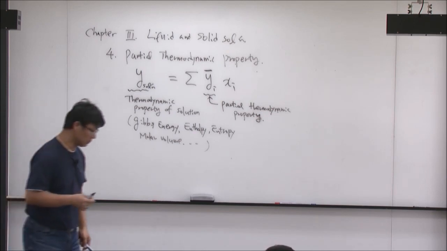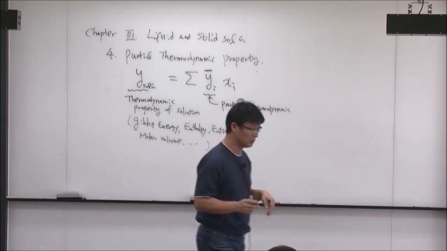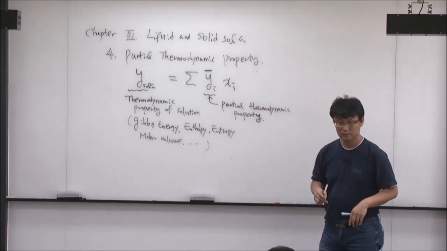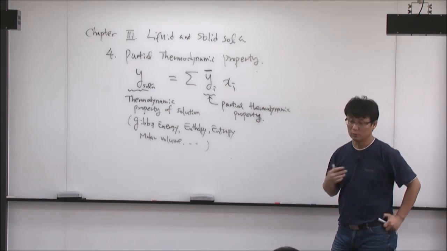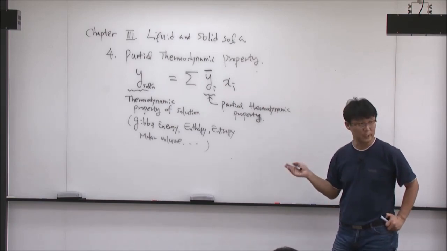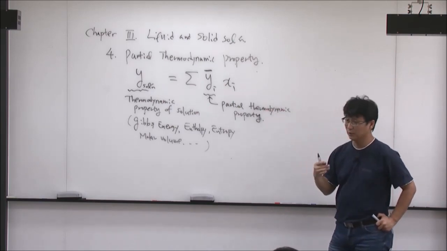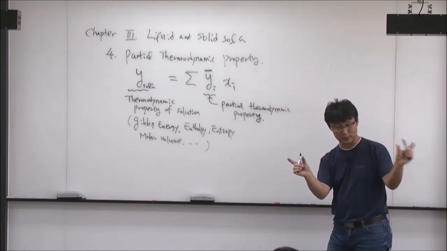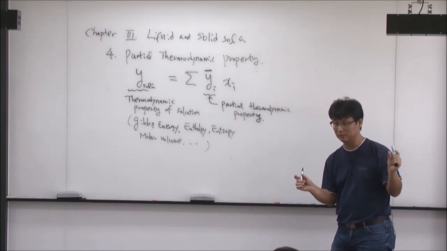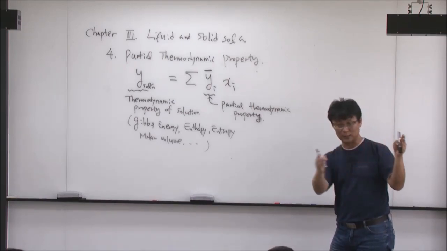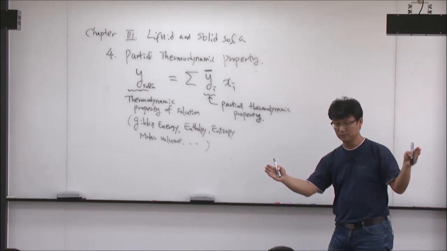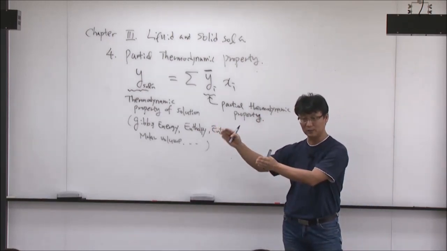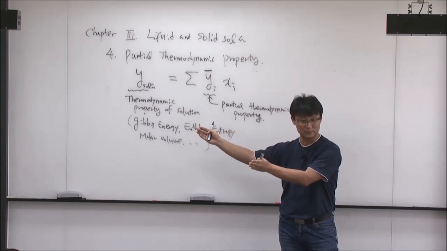And why we specifically learn partial Gibbs energy is that between the partial Gibbs energies there's a relationship. Okay? So, for example, one of the things we want to derive at the end of this class is, if I know the partial thermodynamic property of one species in the binary system, so let's assume I have an A, B binary system, if I know one of these partial properties with the composition, then I can theoretically calculate the partial thermodynamic property of the other species.